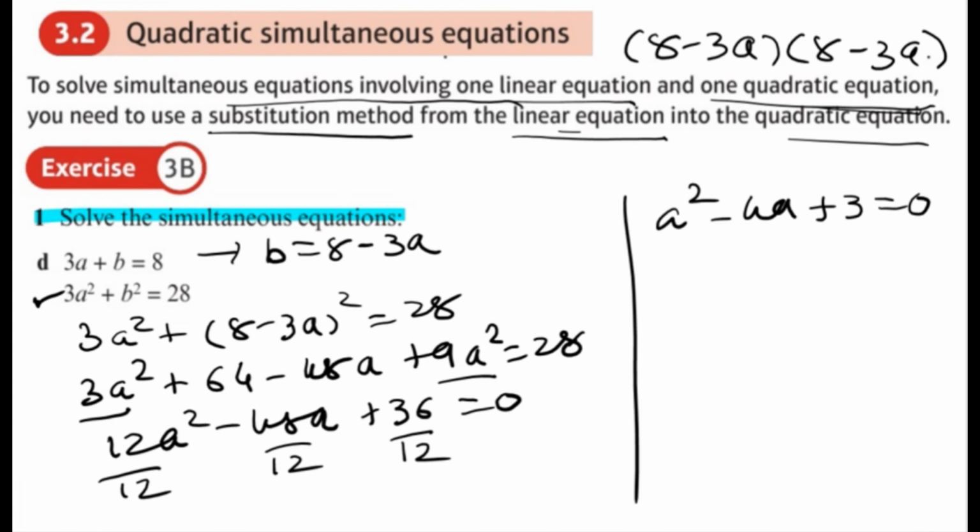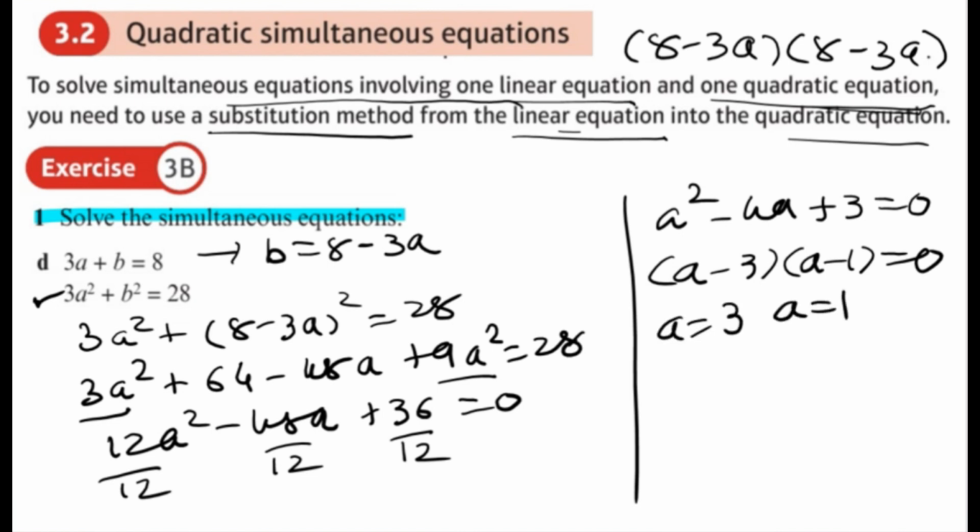Easy factorization: (a minus 3)(a minus 1) is equal to 0. So a is equal to 3 and a is equal to 1. So I am getting two values of a.